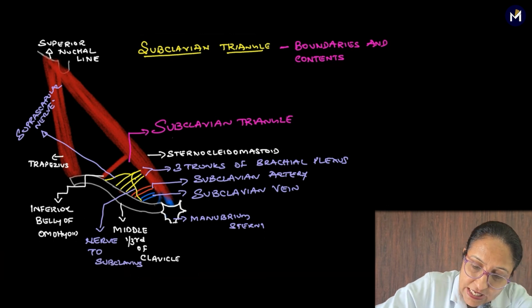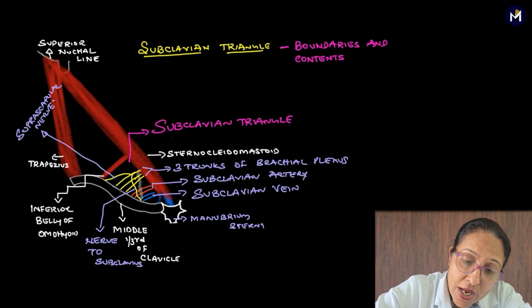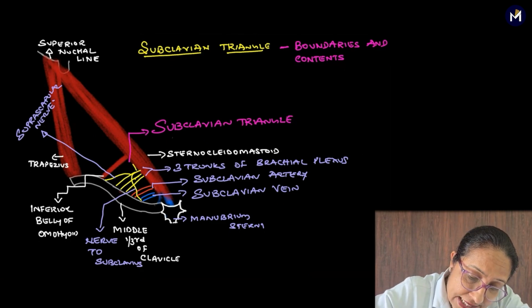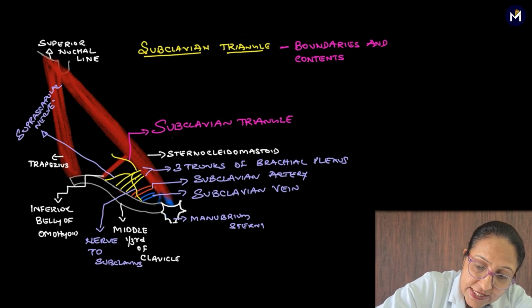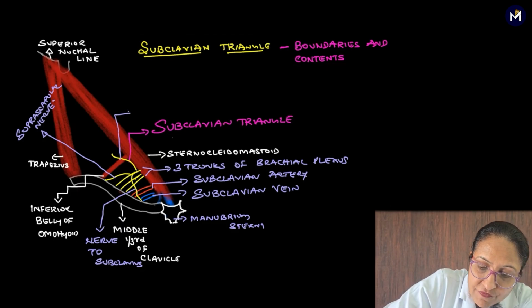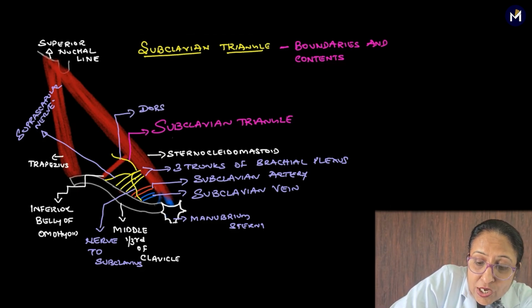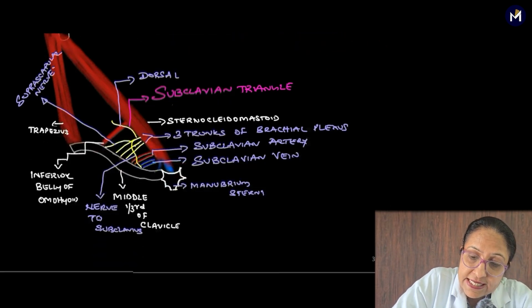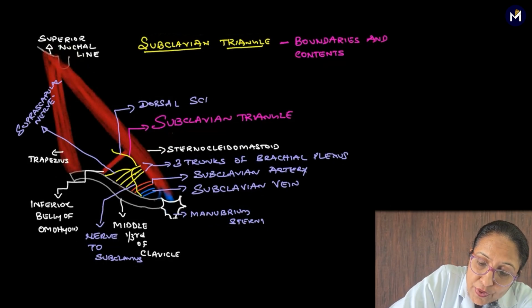Deep to this, there is also another nerve that comes from the roots, that is the long thoracic nerve, and also we have the dorsal scapular nerve. So this is the dorsal scapular nerve, which is a content, along with the long thoracic nerve.